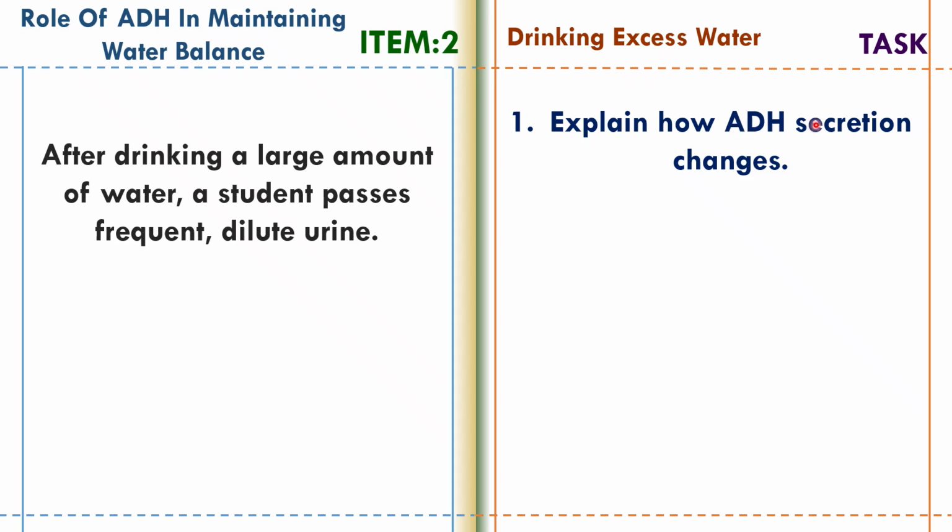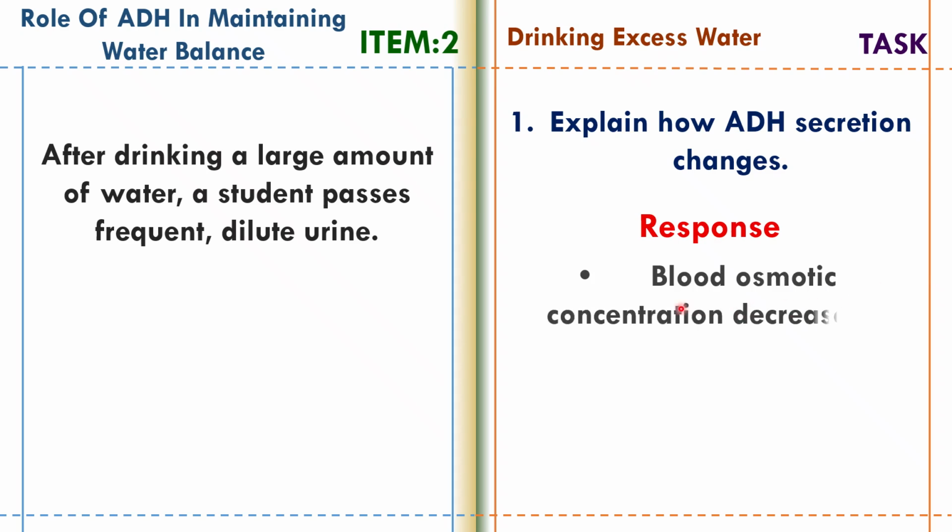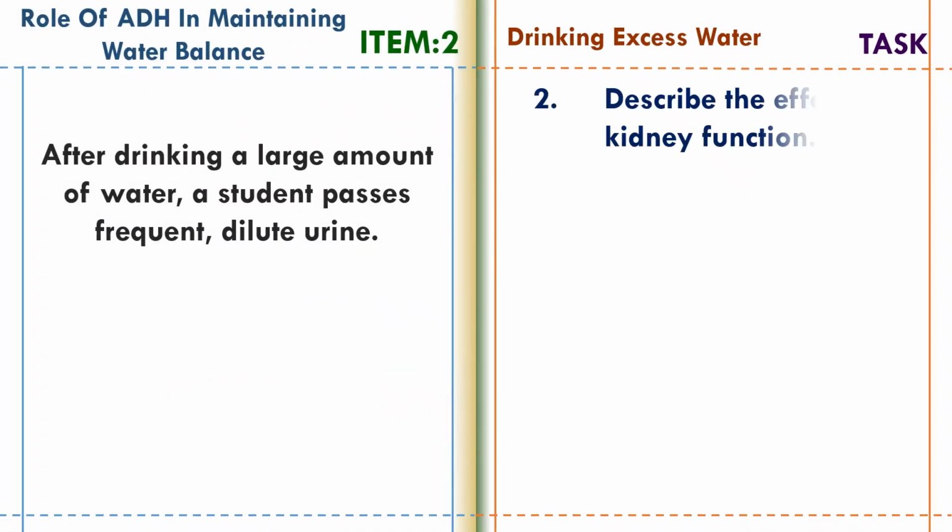Explain how ADH secretion changes. Blood osmotic concentration decreases. Antidiuretic hormone secretion is reduced. Describe the effect on kidney function.